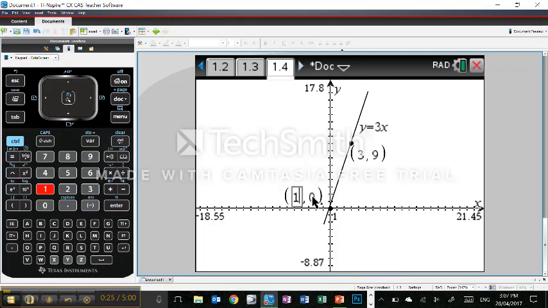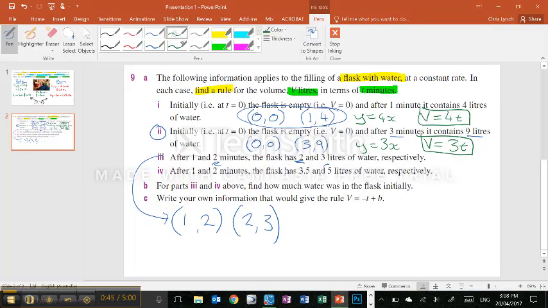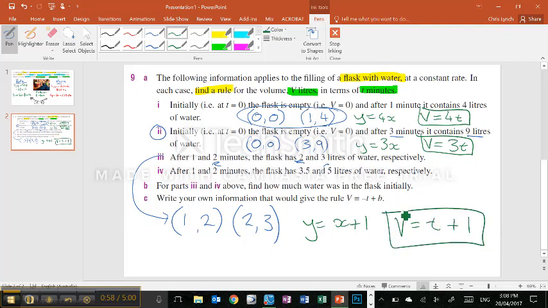If we change this to 1, 2, and the second one to 2 and 3, we can now see that our equation has changed to y equals x plus 1. Y equals x plus 1. So we can go back to here and go y equals x plus 1, which is actually volume equals time plus 1. There's the answer for our third question.